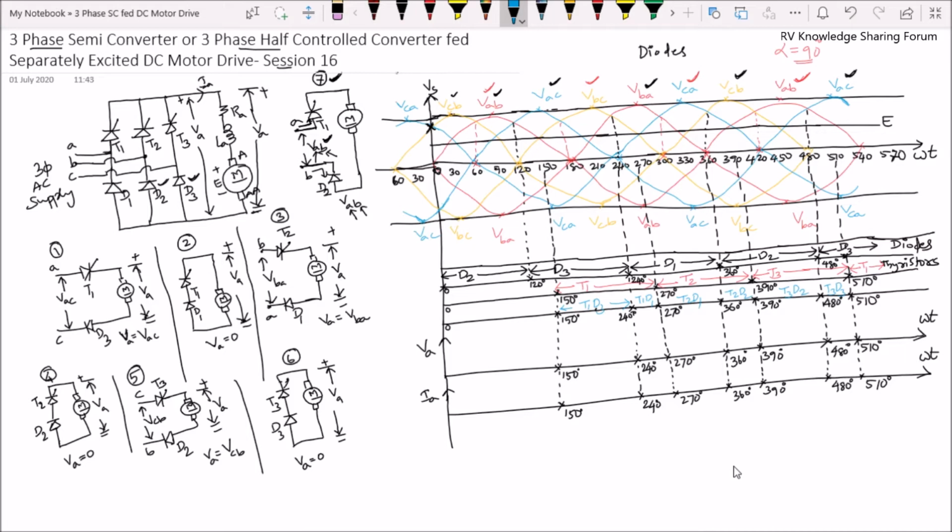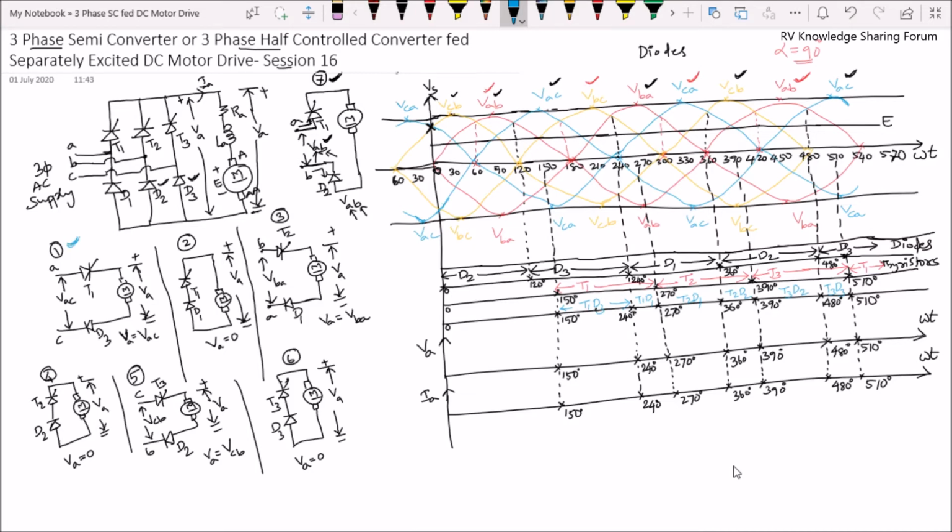Now based on this pair of devices conduction, let us mark the output voltage. From 150 degrees to 240 degrees, the thyristor T1 and diode D3 are conducting. So what will be the output voltage? For this, please refer to circuit 1 at the leftmost end, which I am marking in blue color.